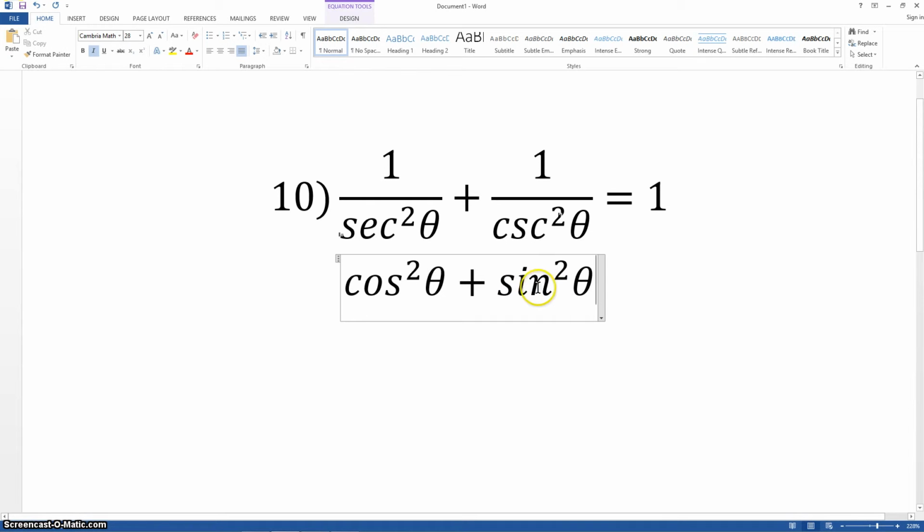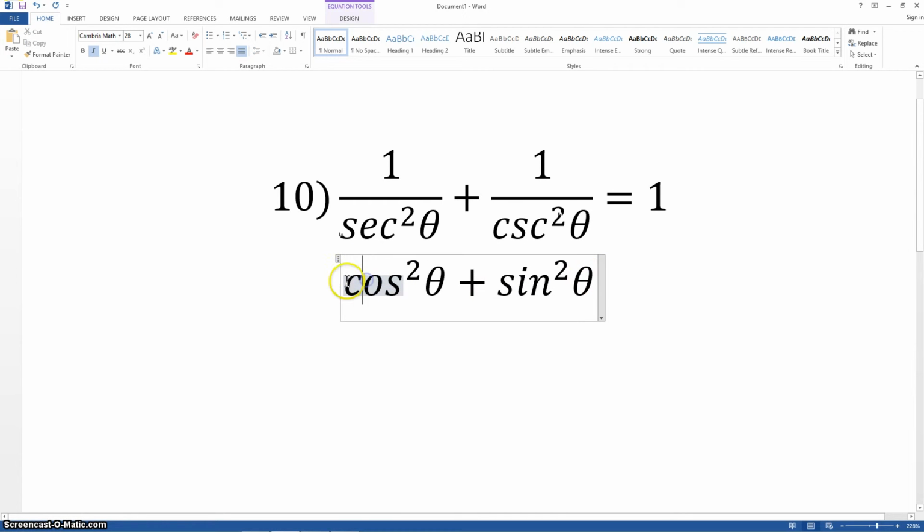And remember, addition is the same thing, if they're both positive, with multiplication. 3 plus 2 is the same thing as 2 plus 3. So sine squared of theta plus cosine squared of theta is equal to 1. And also cosine squared of theta plus sine squared of theta is equal to 1.